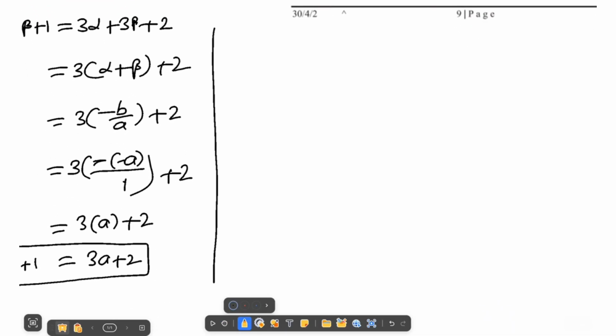So product of zeros means, second thing, 3 alpha plus 1 into 3 beta plus 1. Let's multiply.